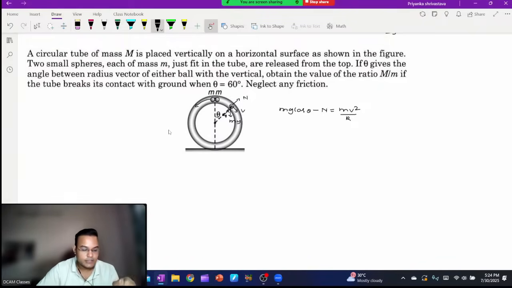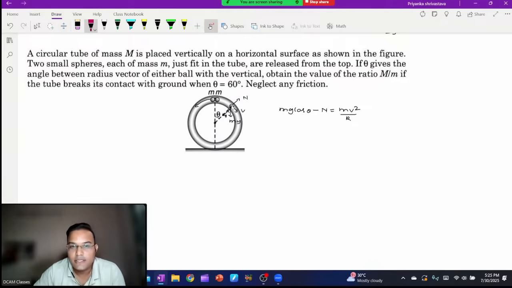Now the question is when it will break contact with the ground. Actually, I should analyze more properly.